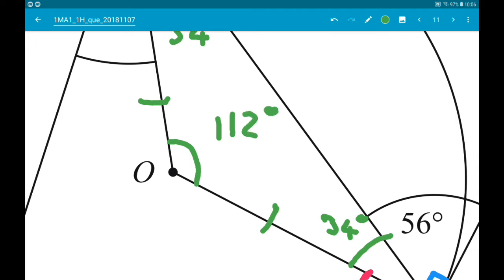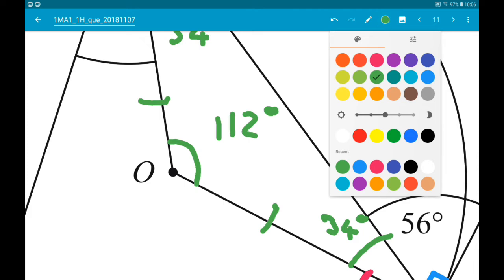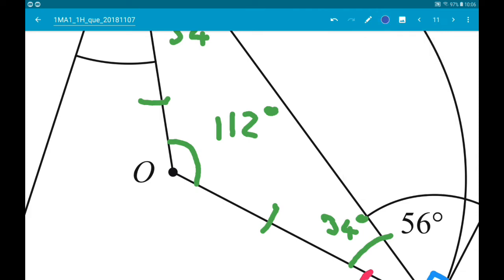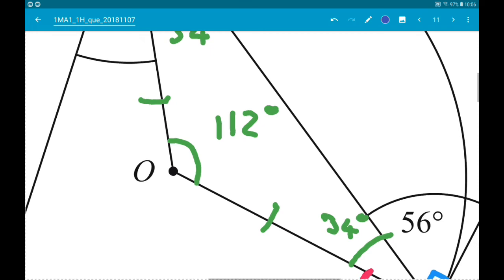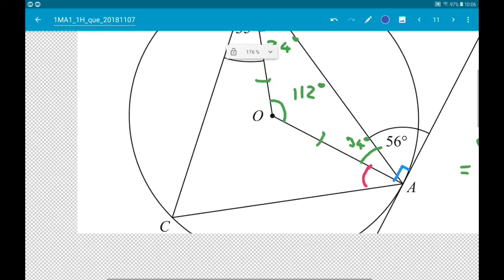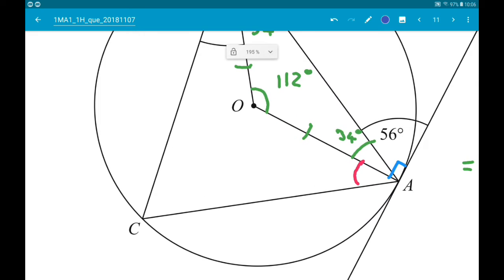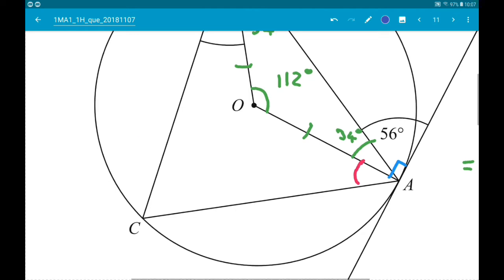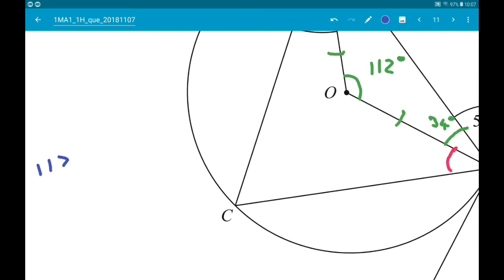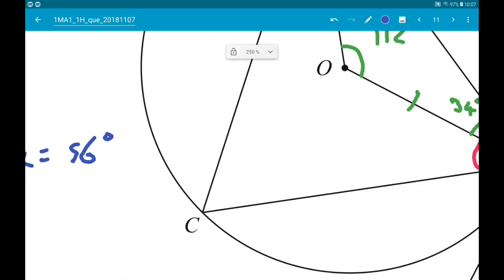Okay, now then, from that we can get the angle over here on the tip of the arrow. That angle is half the angle at the centre. So half of 112 is 56. So this guy is 56 degrees.